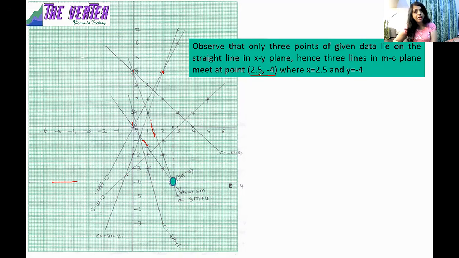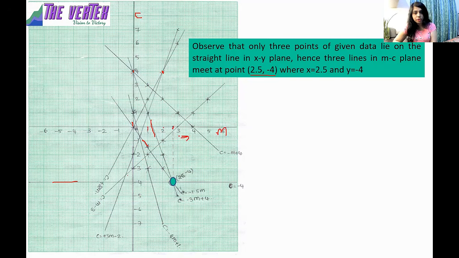So what is the point? It is 2.5, x equal to 2.5. So this is the x value. Here 1, 2, this is 2.5. And on this axis, this is your m axis, and this is the c axis.